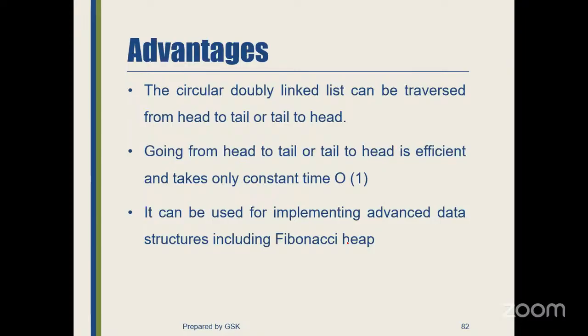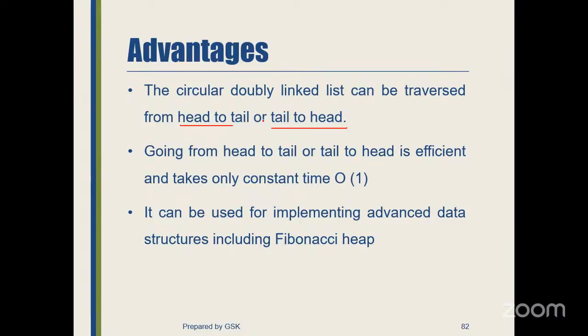So what are the advantages it has? The circular doubly linked list can be traversed from head to tail or tail to head very easily. There is no such option in a singly linked list or doubly linked list. When we traverse from head to last node in a doubly linked list, we need to stop there. But in a circular doubly linked list, we can traverse head to tail, again tail to head, again head to tail, and so on.